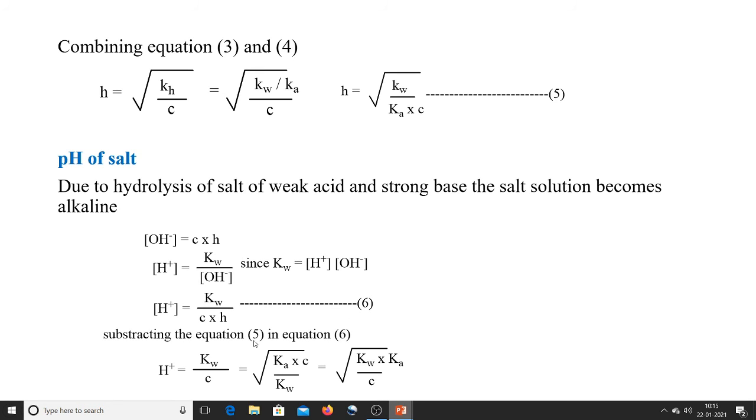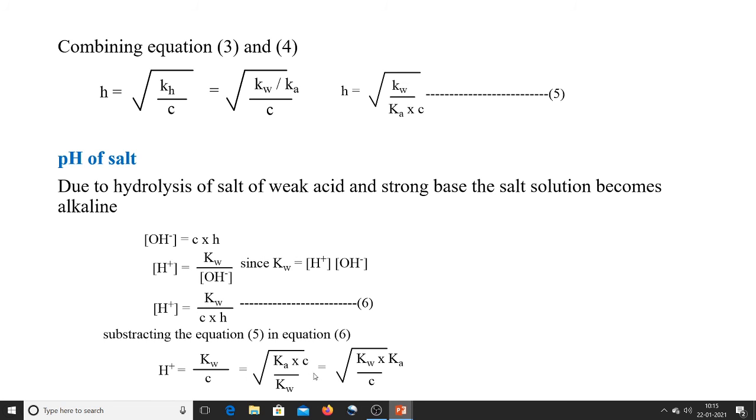Now substituting equation 5 in equation 6, we get H plus is equal to Kw upon C, multiplied by the h value, which is square root of Kw upon Ka into C. Here it is multiplication, not equal.